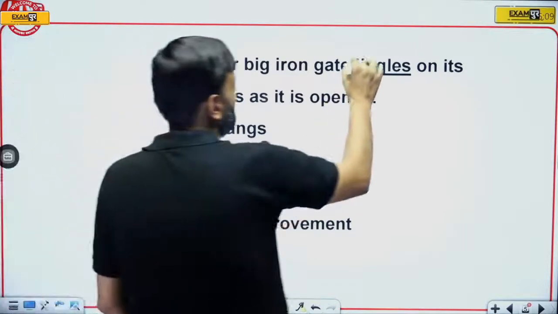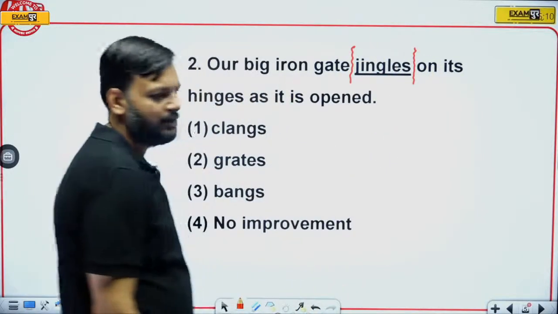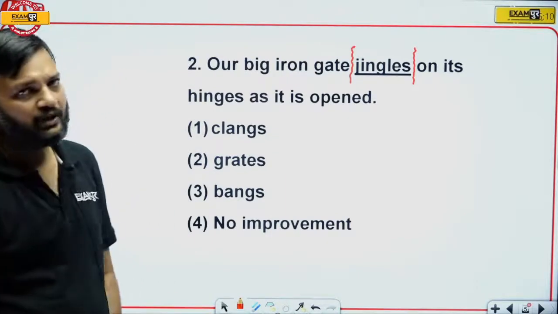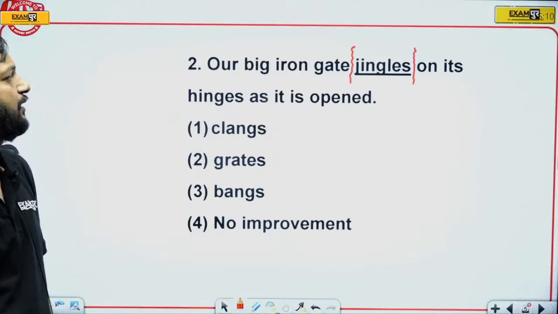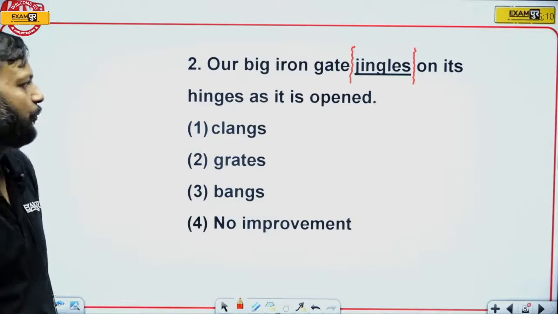So here the word jingles has been underlined. Now what is the error, what is the improvement?